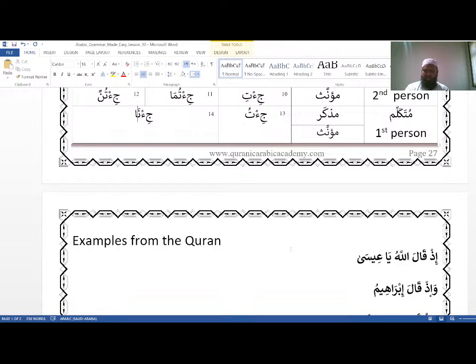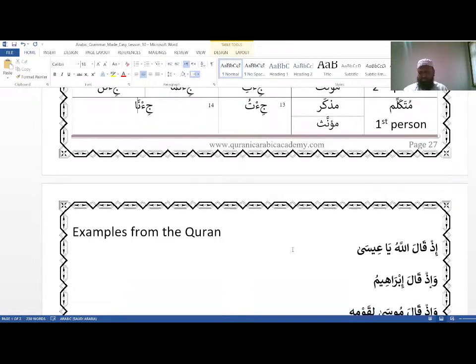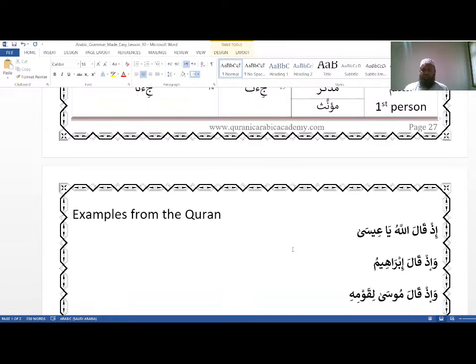Next, وَإِذَا قَالَ إِبْرَاهِيمُ. The ism Ibrahim is in halat al-rafa, that is the fa'il. We'll know the doer, Ibrahim alayhi salam said. وَإِذَا قَالَ مُوسَى لِقَوْمِهِ.